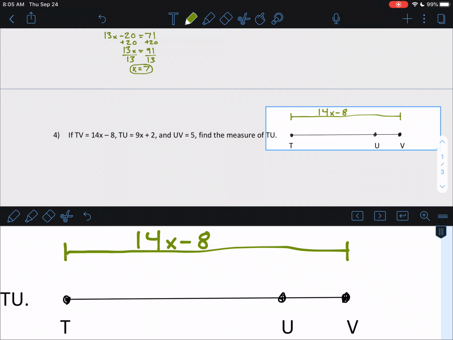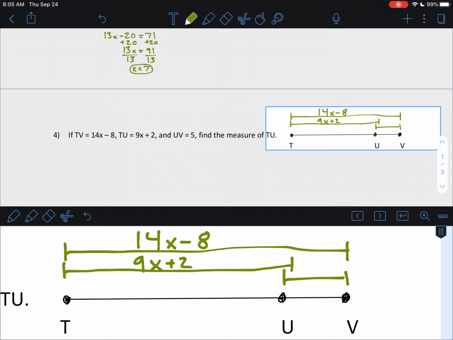TU is 9x plus 2. Okay. So TU is 9x plus 2. And UV is 5. Okay. So that is 5. And I know that I went a little bit too far with my TU, but that's fine.